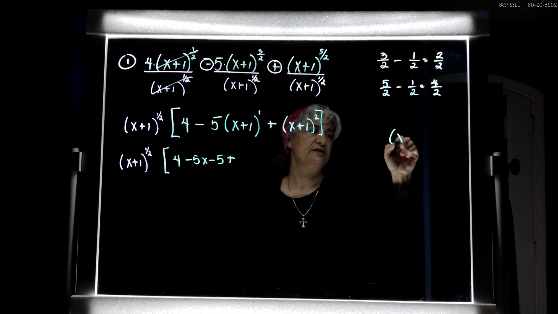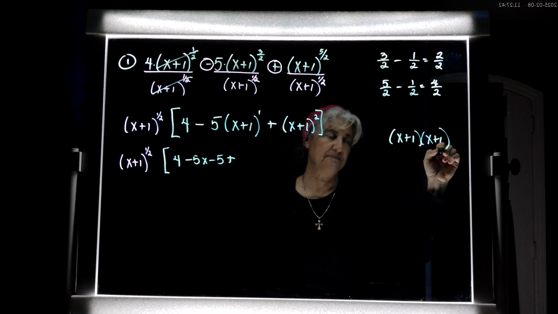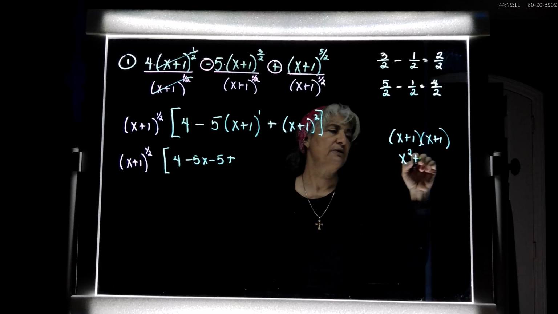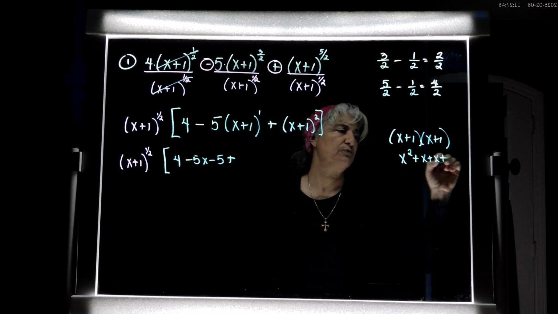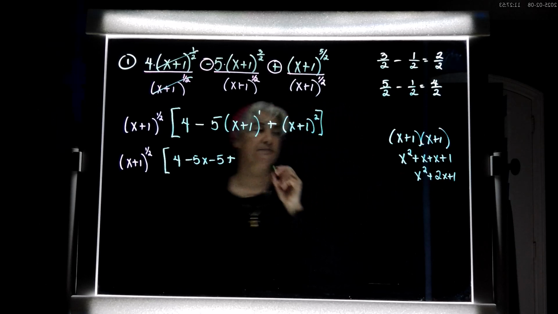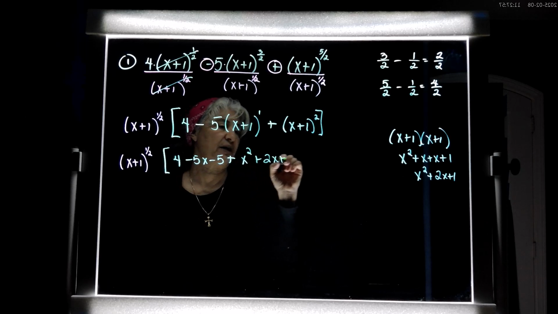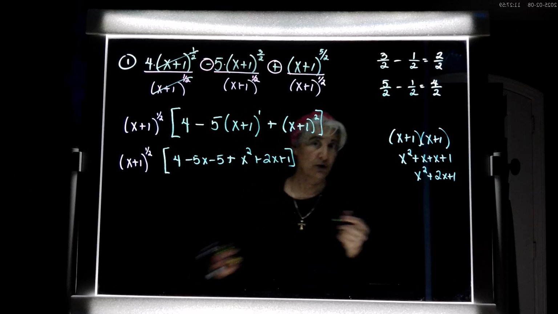Okay, I'm going to do this off to the side. We have x plus 1 times itself, right? So some of you still should write down every little step to make certain you distribute correctly. It took maybe all of 2 seconds to do that, and that way I know I have it right.